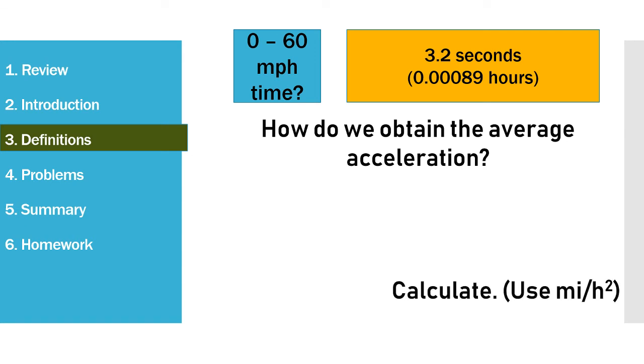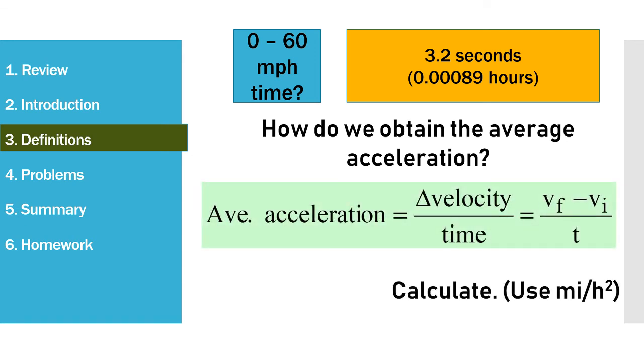Well, average acceleration is defined as the change of velocity over time. Or if it's a change, that means it's always final minus initial. Remember, if you see a change of velocity, most of the time you're comparing final minus initial.